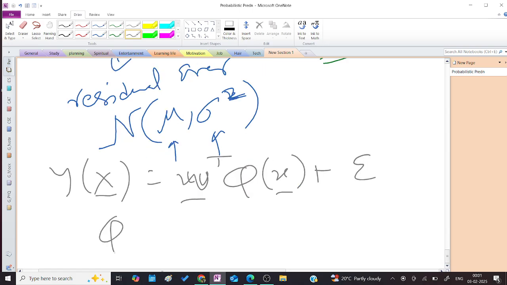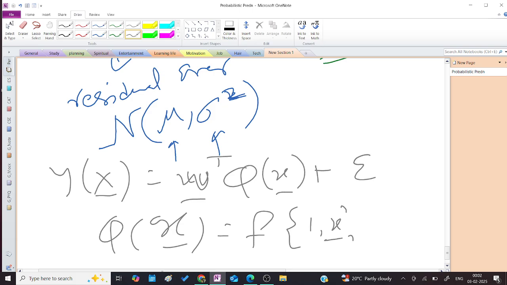What is this phi(x)? This is a non-linear function of vector x, where the features can be x bar, x bar square, x bar cube and so on. So it is this function, right?